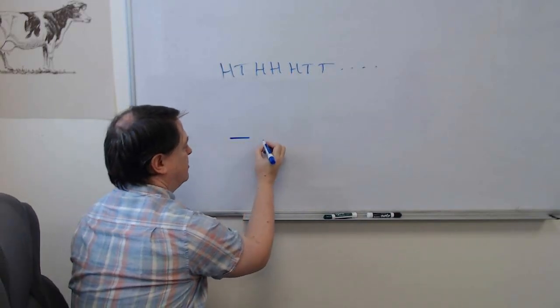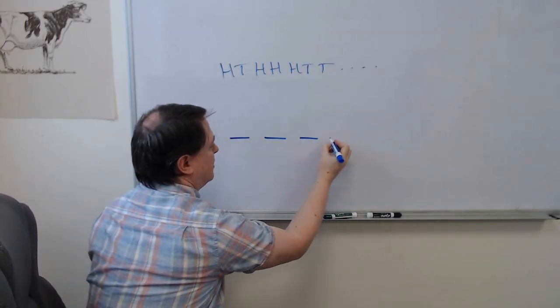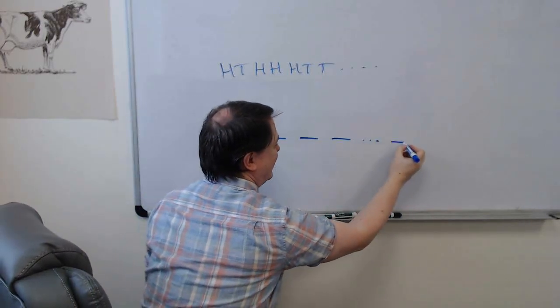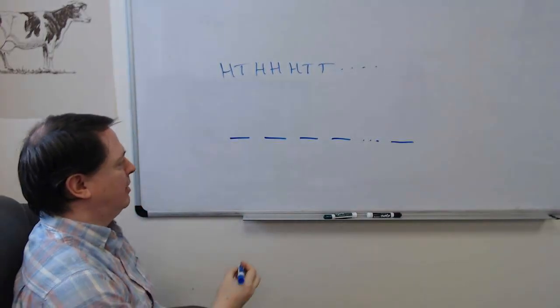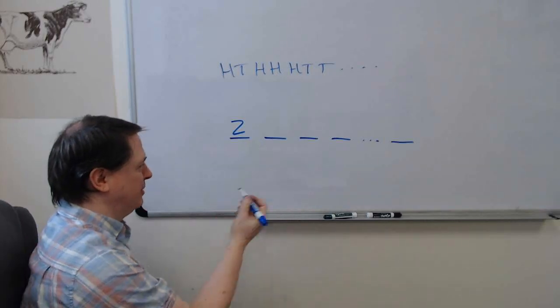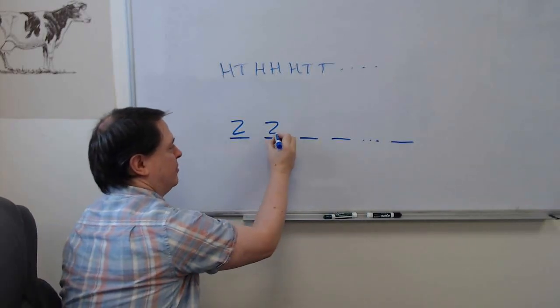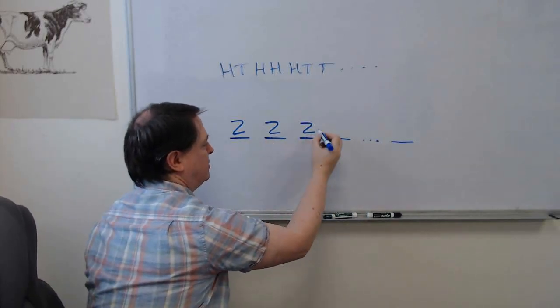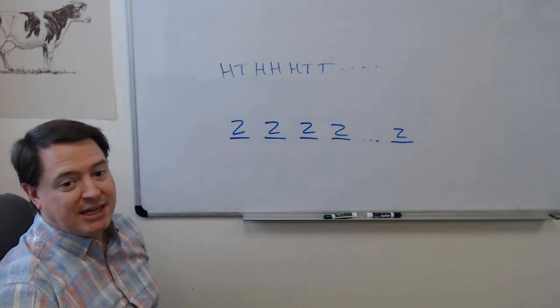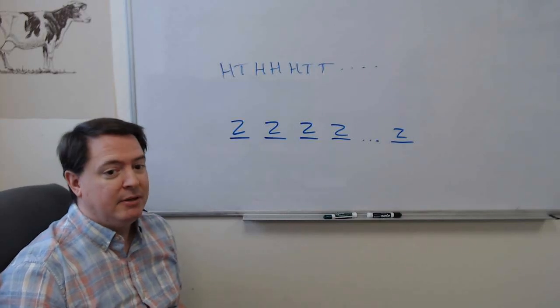So I'm going to need to make 100 different blanks. So I'm just going to do a dot, dot, dot. Because really, what are the total number of possibilities for the first flip? 2. I could get heads or tails. What about the second one? 2, 2, 2, right? They're all going to be 2, because I'm doing the same experiment every single time.